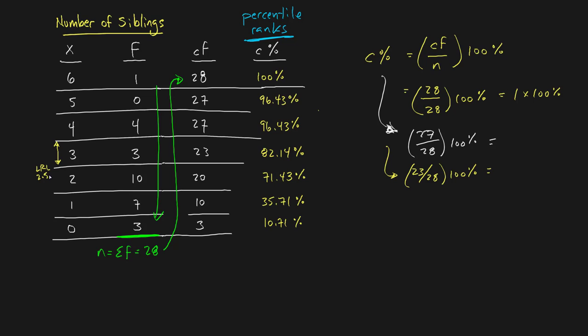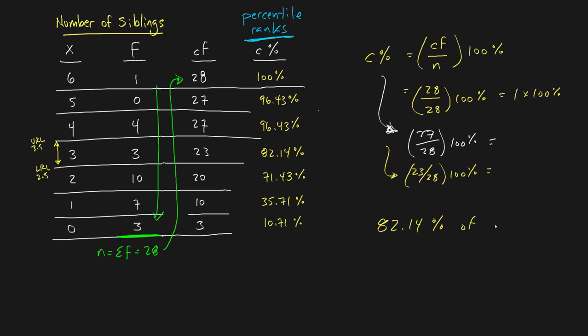Remember, to get to the lower real limit of a number like 3, you have to go a half step below. So 2.5, and this category stretches up to an upper real limit of 3.5. So if I want to talk about 82.14% being less than or equal to this category, well, anybody who has reported a score up to 3.5 is in this category.